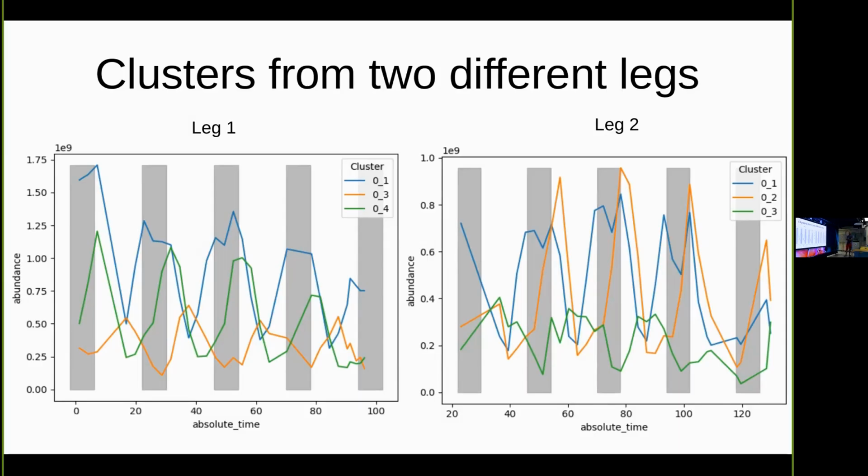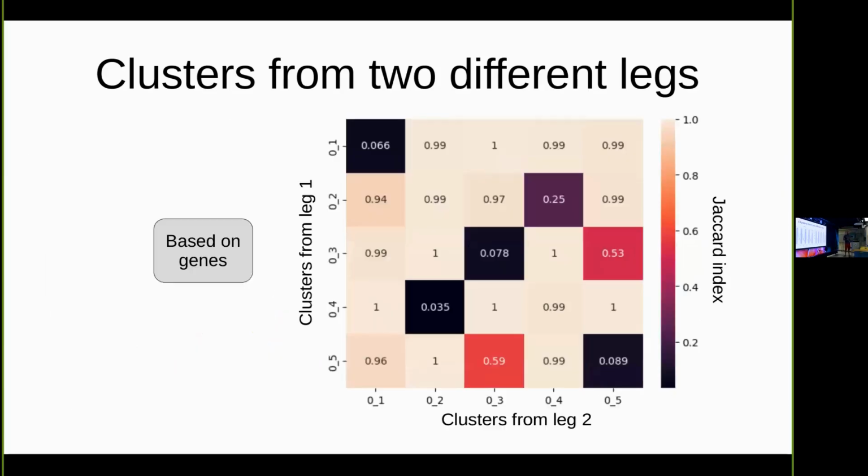So with those results, I wanted to investigate more and look at the composition of the clusters, if they match. And the answer is yes. So I looked at the Jaccard index of the clusters from the 2 legs based on genes. And what you can see here, for instance, is that cluster 1 from leg 1 corresponds to cluster 1 of leg 2.